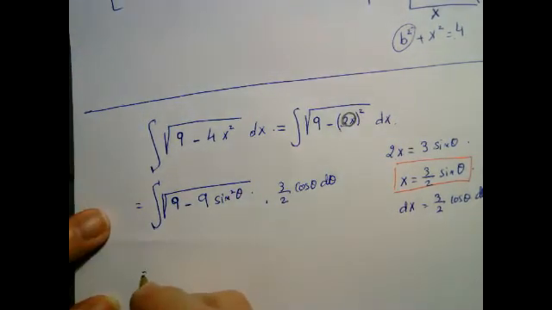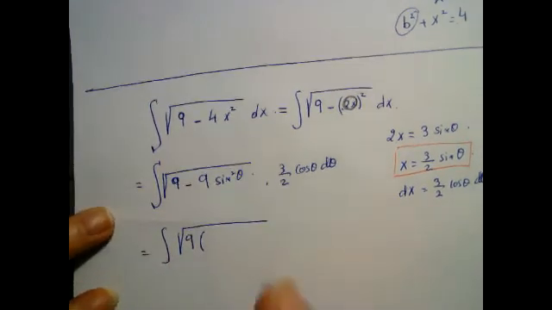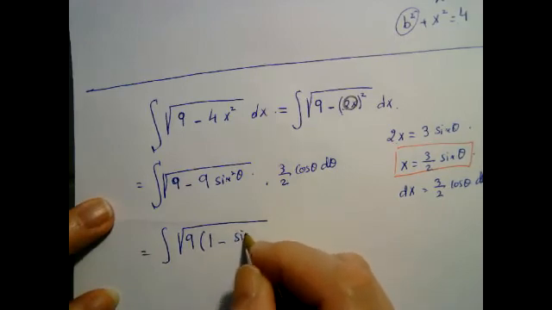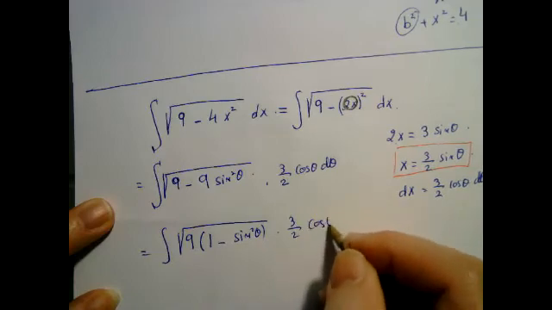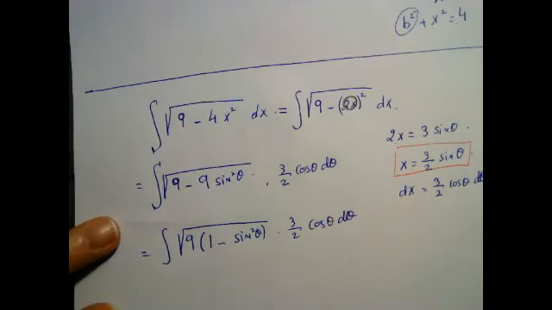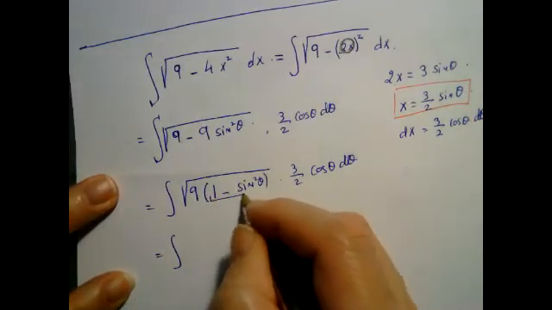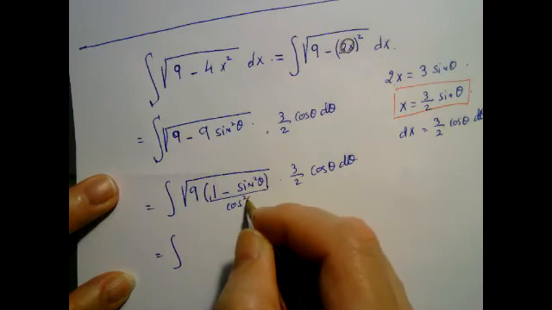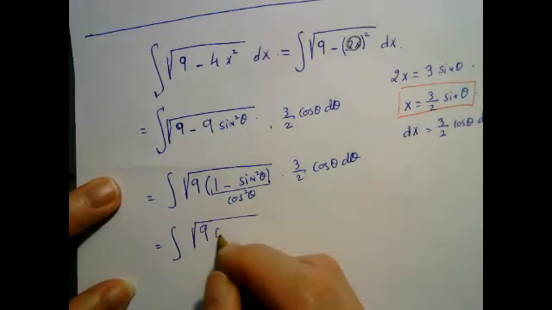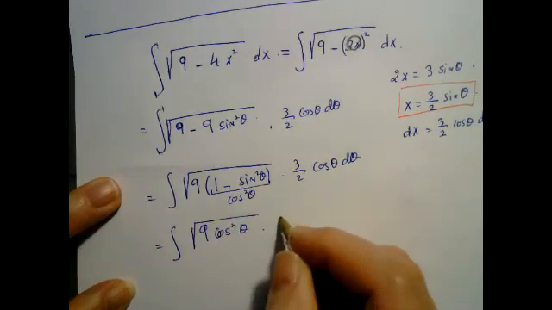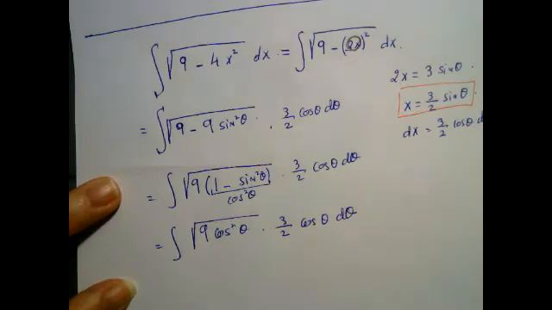Now I factor out the 9. 1 minus sine squared is the cosine squared, and then this will give me the integral of 9 cosine squared times 3/2 cosine theta d theta.